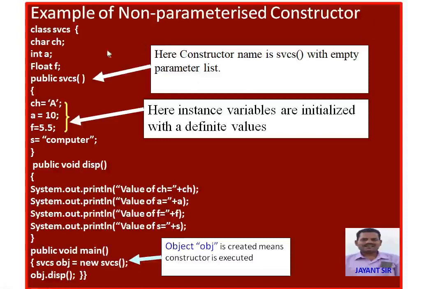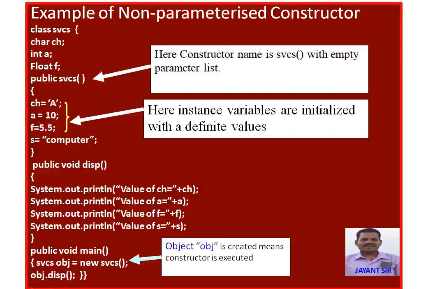Now, an example of the non-parameterized constructor. The class name is SBCS, and these are the instance variables. Public SBCS is the constructor name. Here the constructor name is SBCS with an empty parameter list. There is no parameter, and these values are initialized with definite values. The character ch is initialized with a particular value, a.